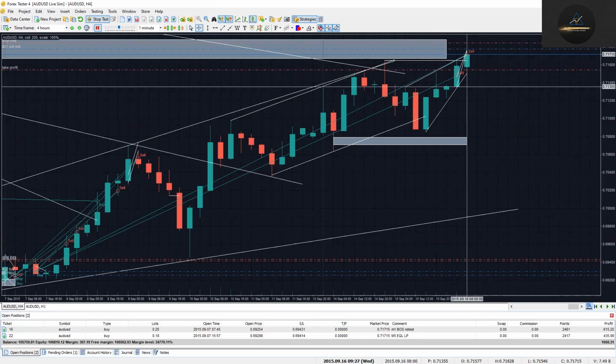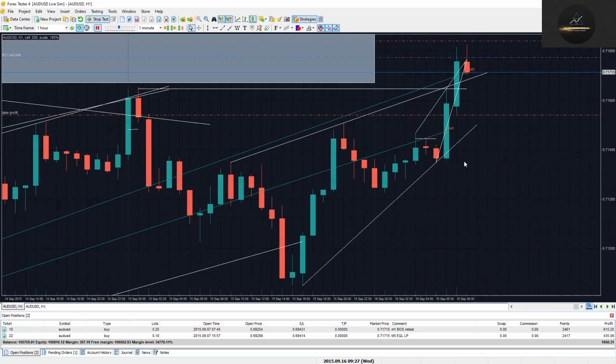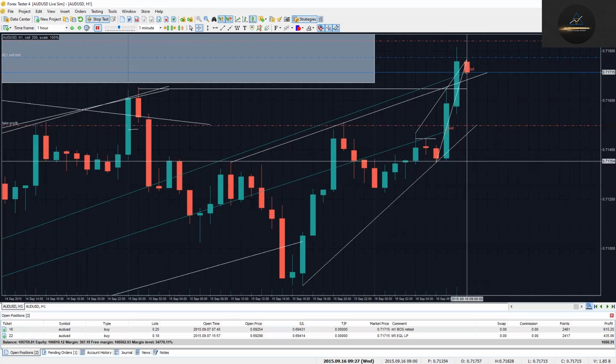So I'm going to look at this level, 71.35, on the lower time frames. So TP1 can actually be at this imbalance around here, 35. TP2, I'm going to hold off. I'm just going to watch to see what happens.